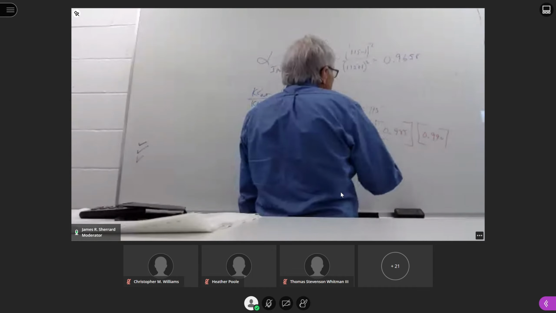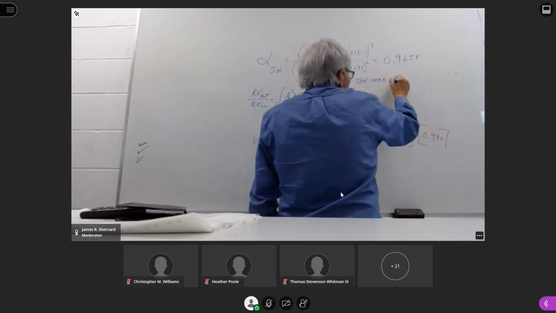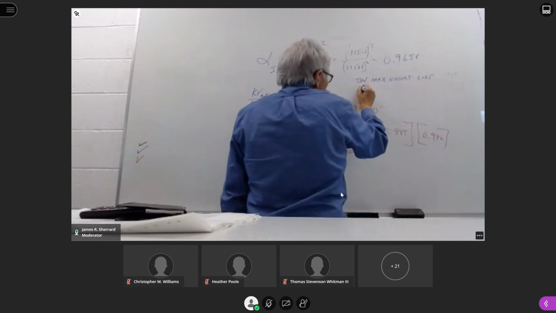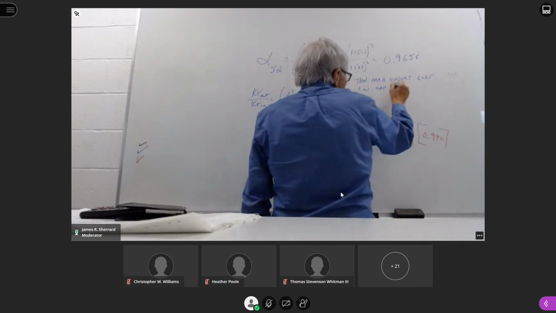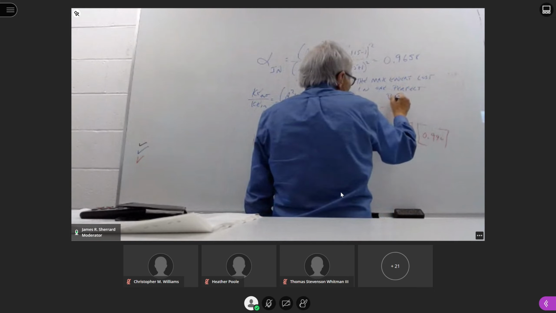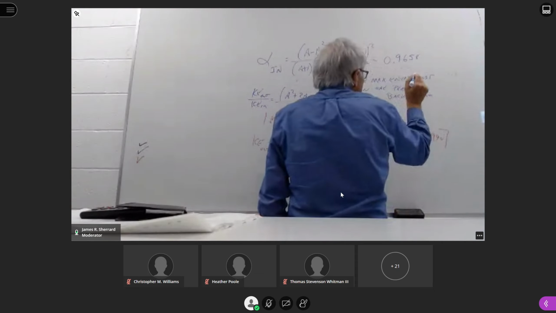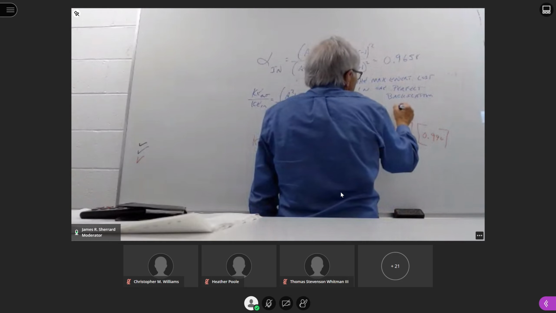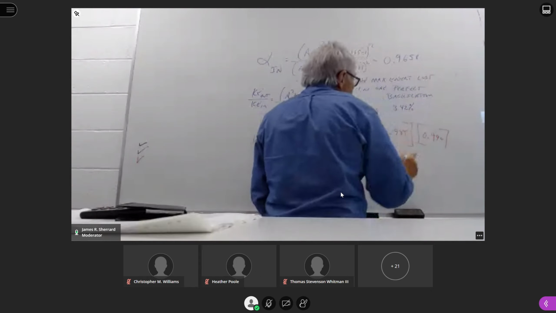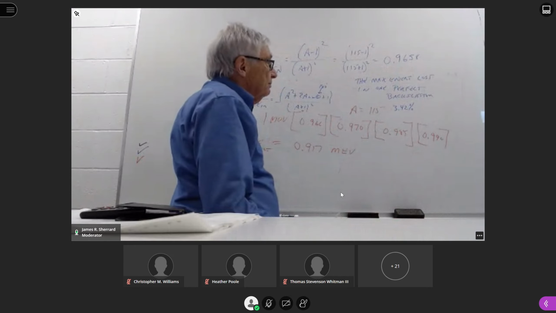So if you look at indium, the max energy lost in one perfect backscatter is 3.42%, because I'm just taking this and making it into a percentage.